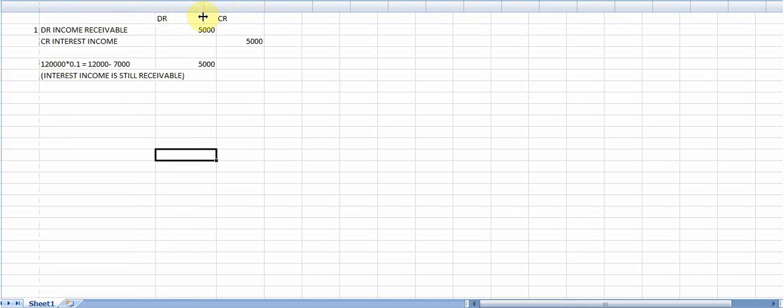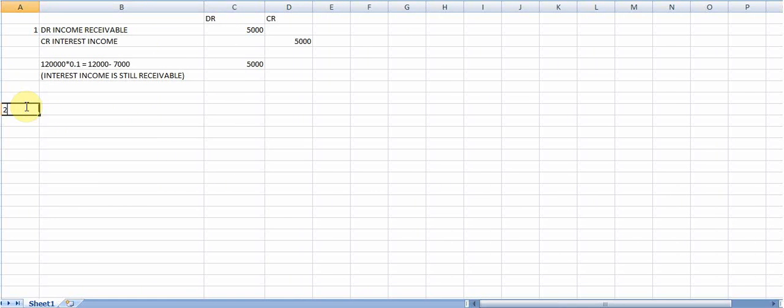As simple as that. Number 2 told me that the rental income was received for 14 months. So I'm going to say debit the rental income because it's too much. Then I'm going to credit income received in advance.